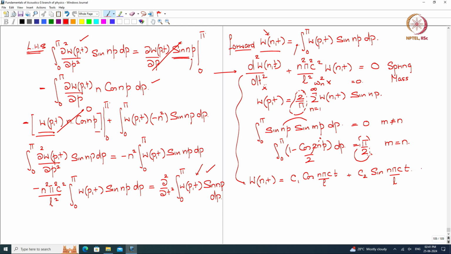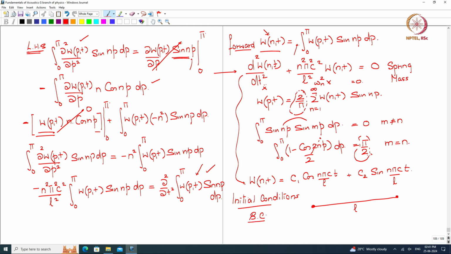Okay. So now we need to deal with the initial conditions. Let me just say here we have a string that is fixed at both ends. Those are the boundary conditions.